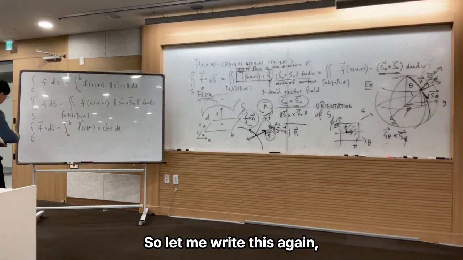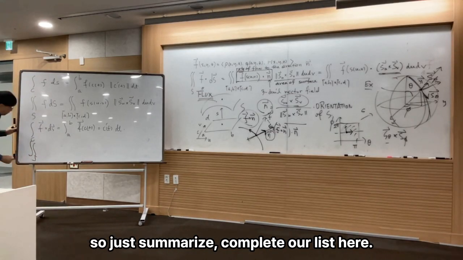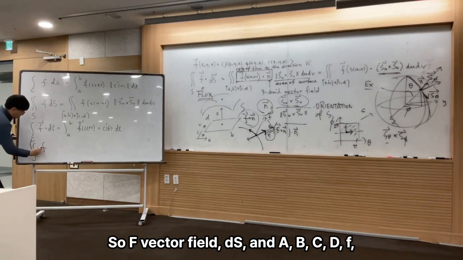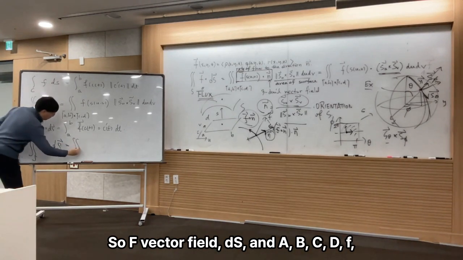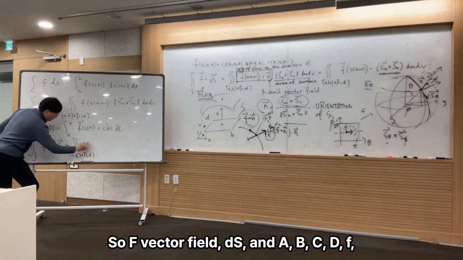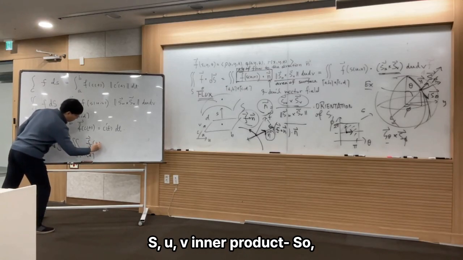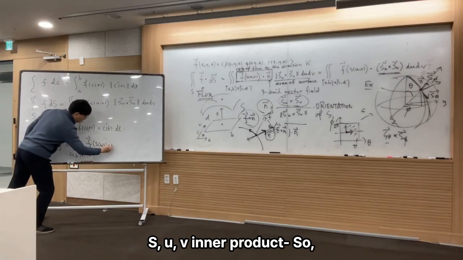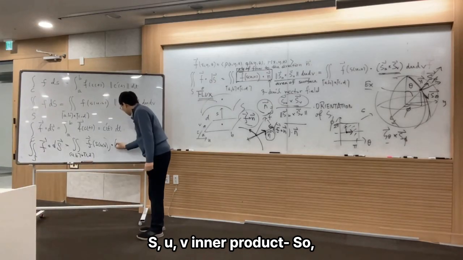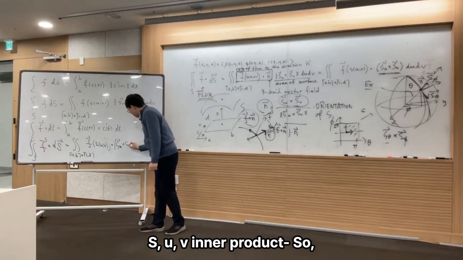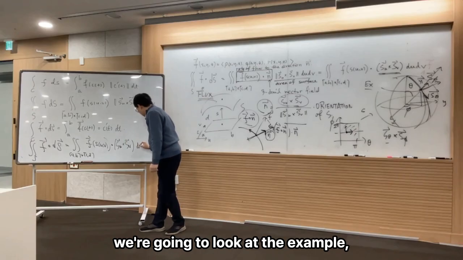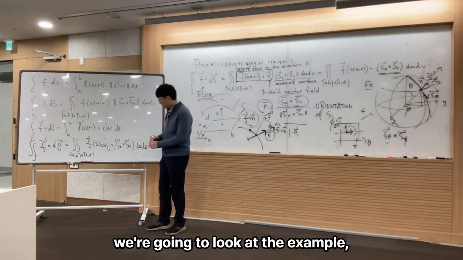Let me write this again, to summarize and complete our list here: the integral of the vector field F dS, with A, B, C, D, F, S, U, V, the inner product of S_U and S_V, dU, dV.